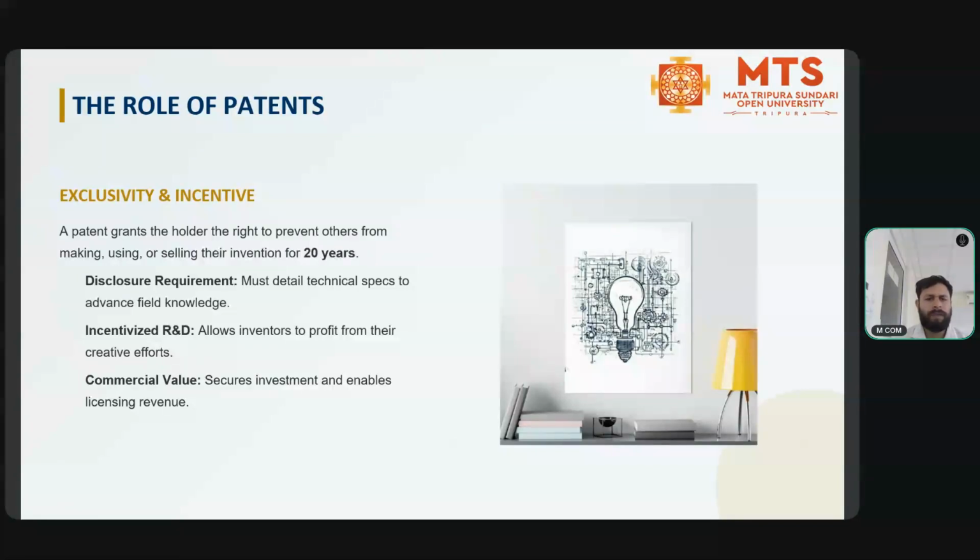Disclosure requirements must detail technical specs. Advanced research and development allow inventors to profit from their creative effort, gain commercial value, secure investment, and enable licensing of their inventions.